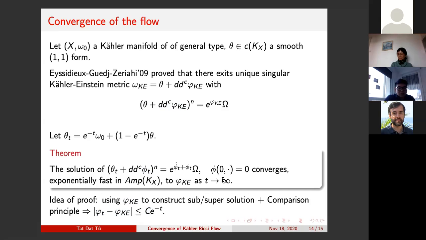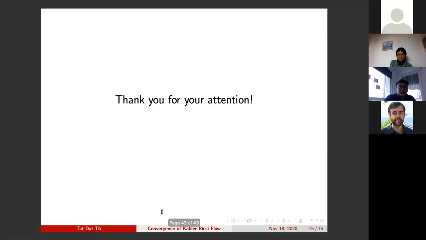So when t tends to infinity, it tends to 0 uniformly in the ample locus. Okay, so that is exactly the second part of my result on the convergence of the Kähler-Ricci flow in weak, viscosity sense. And thank you very much for your attention.